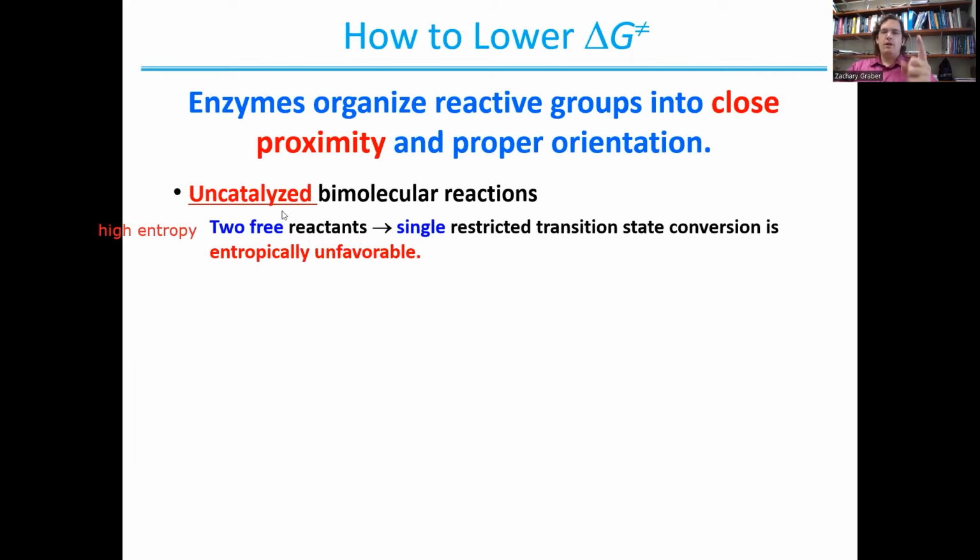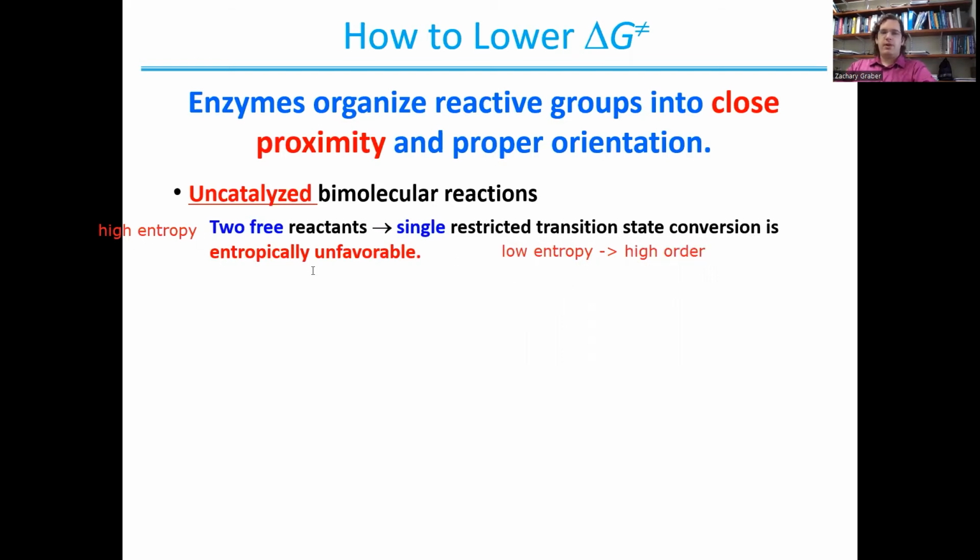So they have one single restricted transition state where they're converting between the reactant form to the product form. So again, if you have one restricted structure, that's very low entropy or very high degree of order.